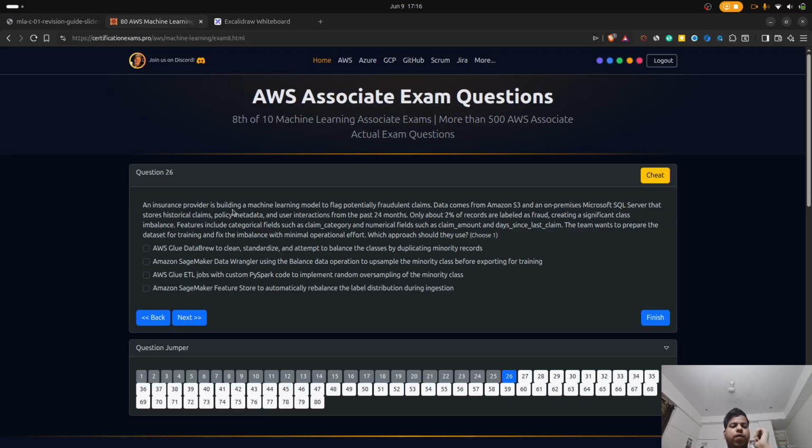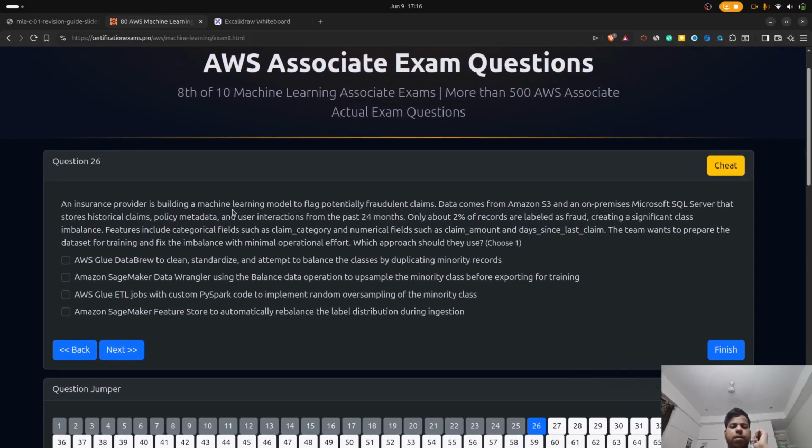Our insurance provider is building a machine learning model to flag potentially fraudulent claims.